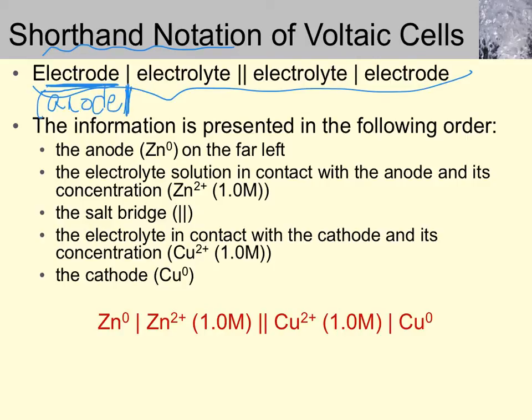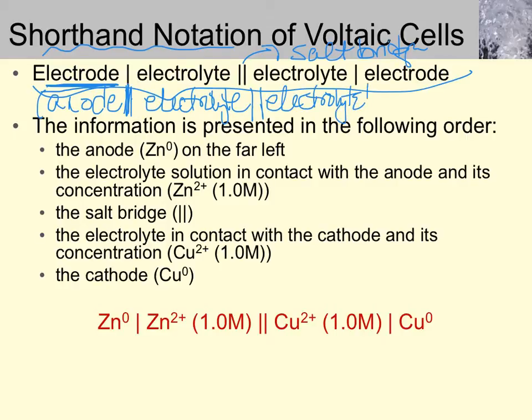Then there's a line, which represents a phase change. And then they have the electrolyte solution that's in contact with the anode. This double line stands for a salt bridge. Then they have the electrolyte solution in contact with the cathode.